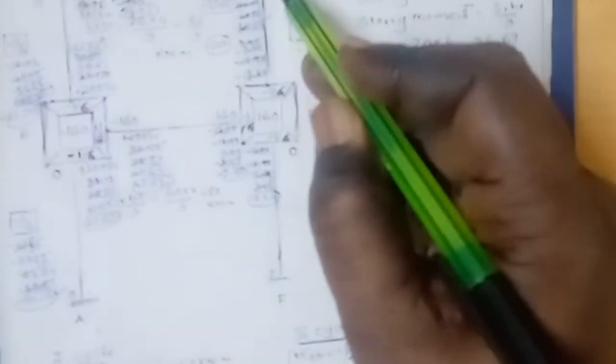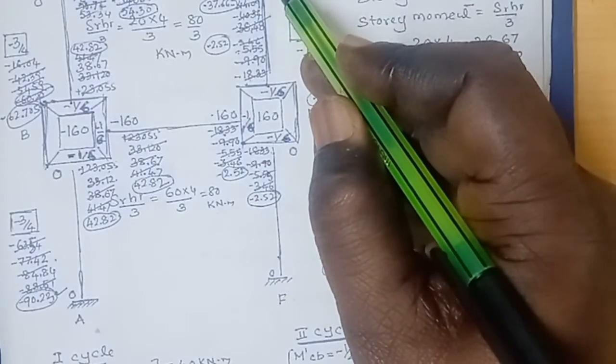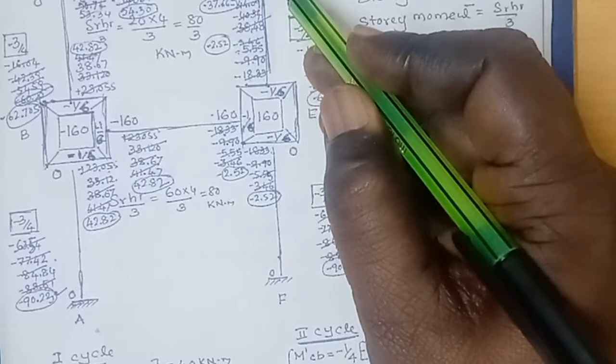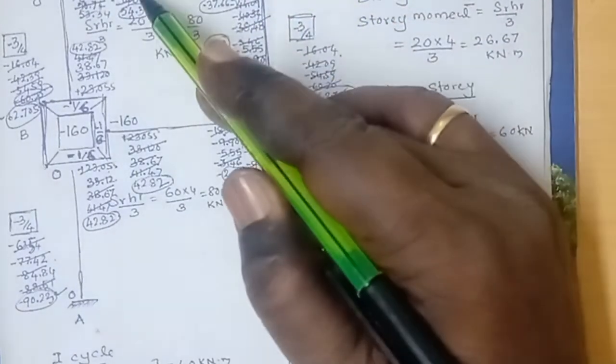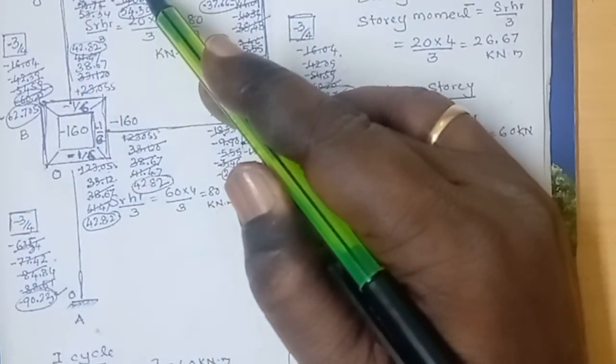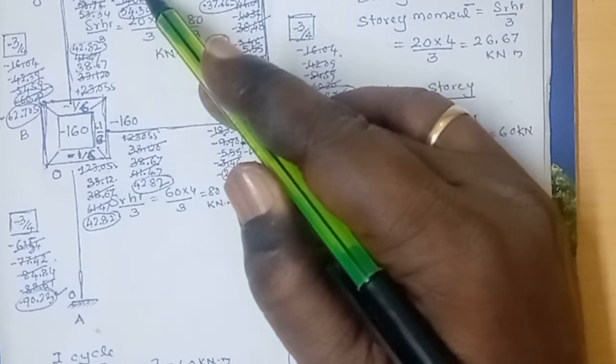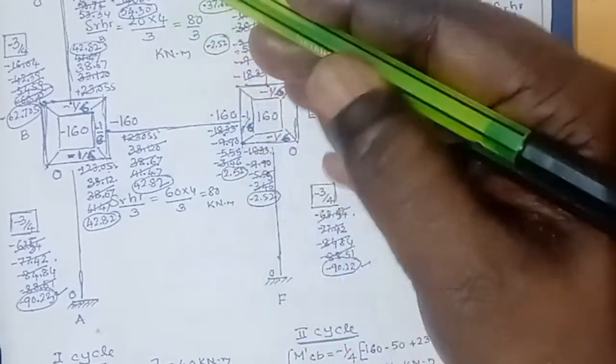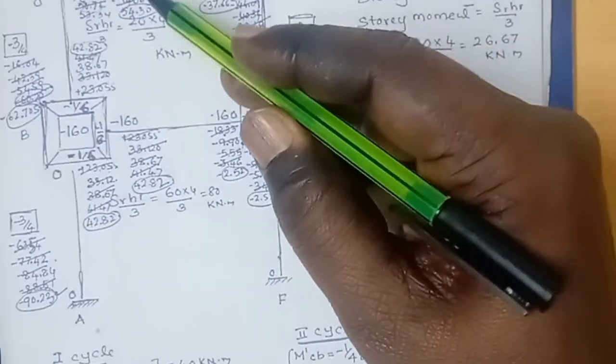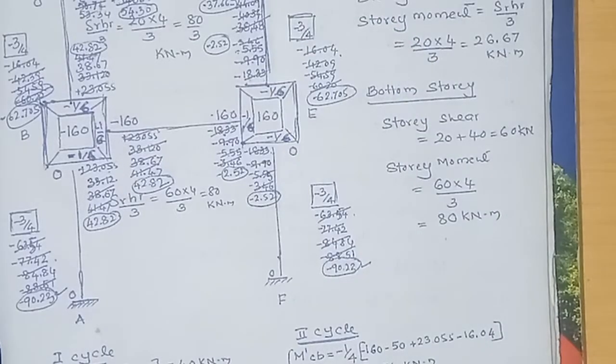Sum of the fixed end moment, that is inside of the bracket 160, plus far end contribution 50.74. Just now we have calculated the second cycle value of the rotational moment contribution from the member CD.